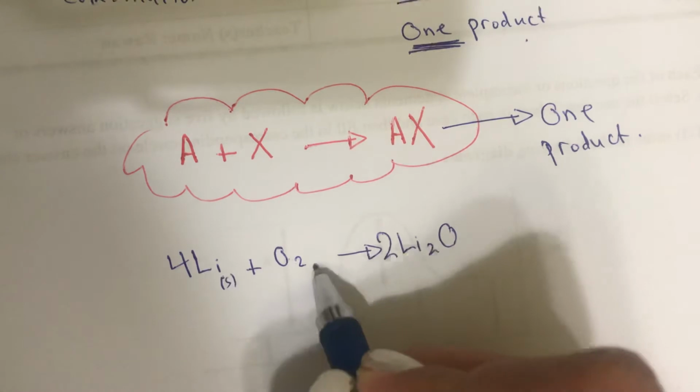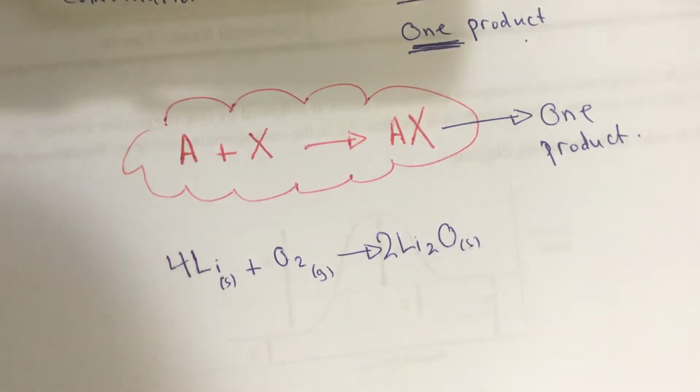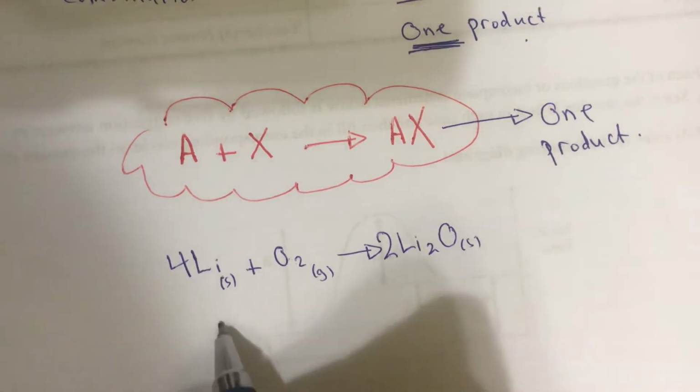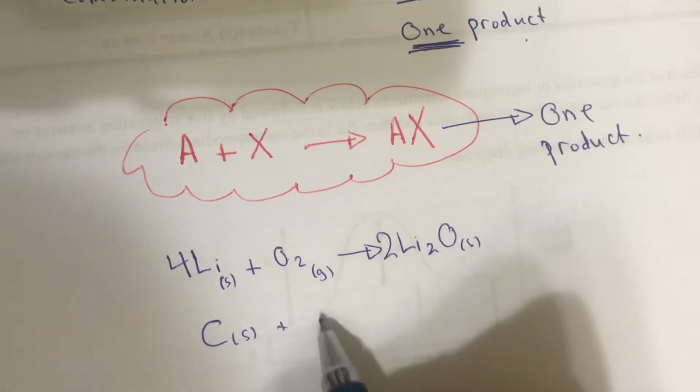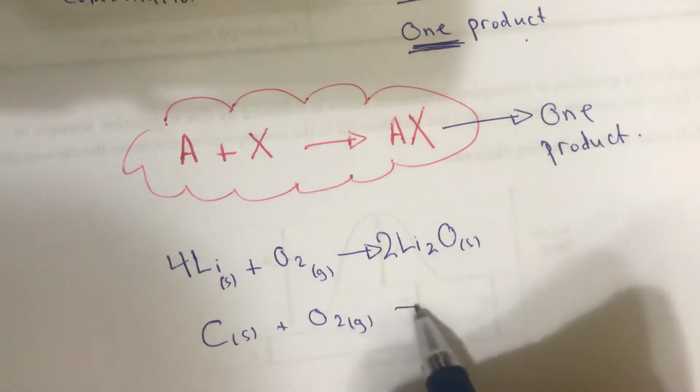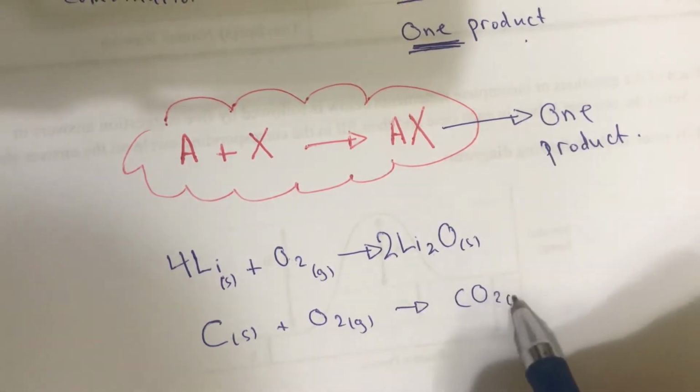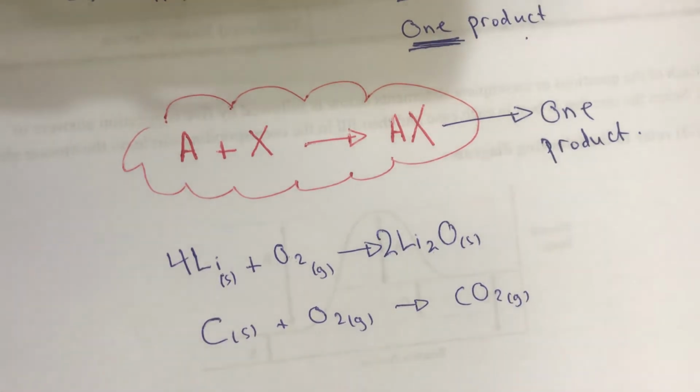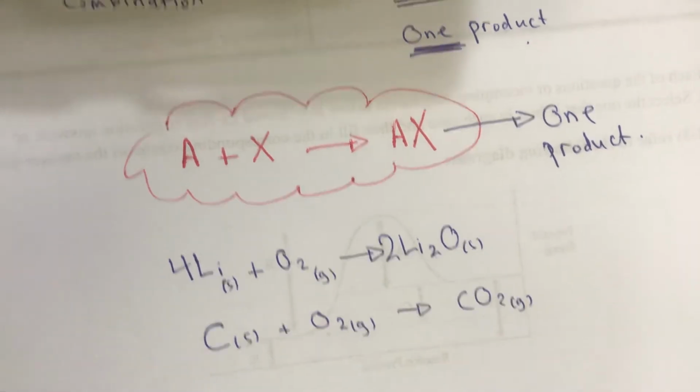Here the state is solid, gas, and solid. Or for example, carbon reacts with oxygen gas to produce carbon dioxide gas. So 2 substances combine with each other to form one product.